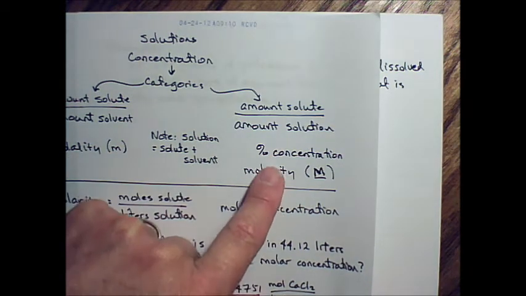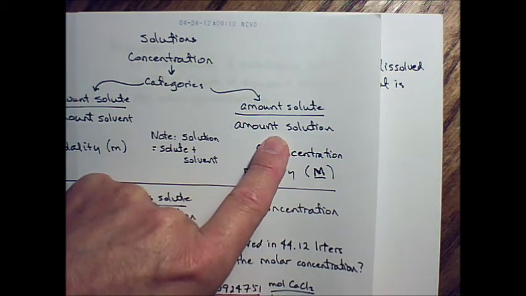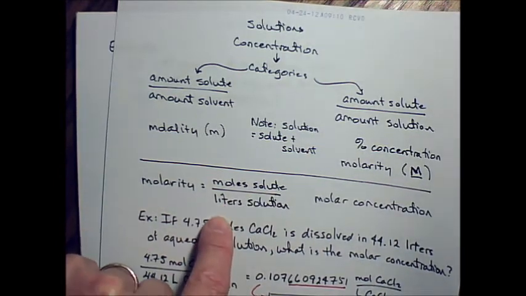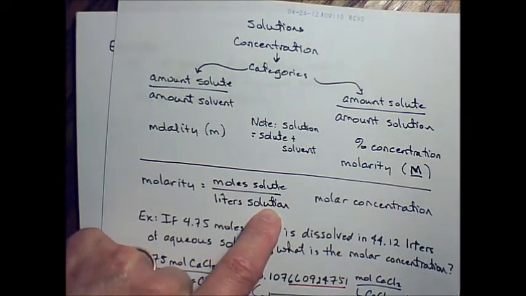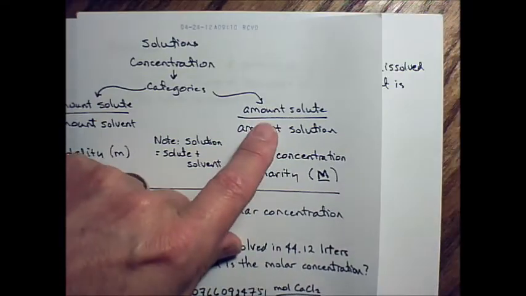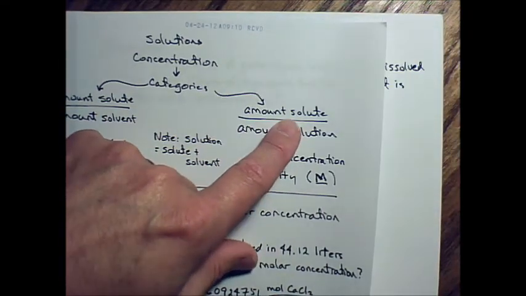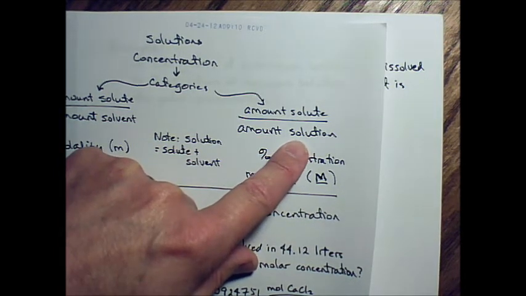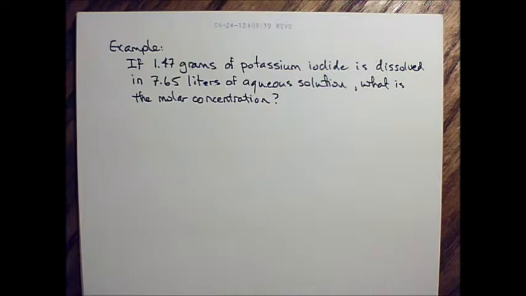Okay? And when we finish with our calculation of molarity, we'll have it in units of moles of solute over liters of solution. But to start solving the problem, I can take whatever amount is given in the problem of the solute and put it over whatever amount is given in the problem of the solution, and then do dimensional analysis conversions.